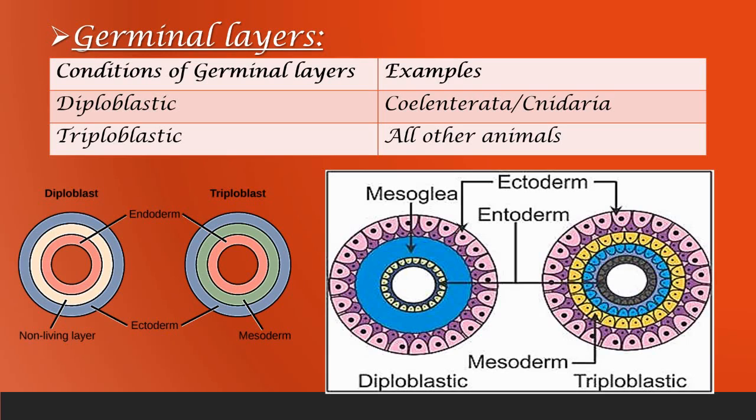This condition is called diploblastic. The higher animals have three germ layers, that is ectoderm, mesoderm and endoderm, and this is called triploblastic nature. Mostly cnidarians are diploblastic while all other animals are triploblastic.